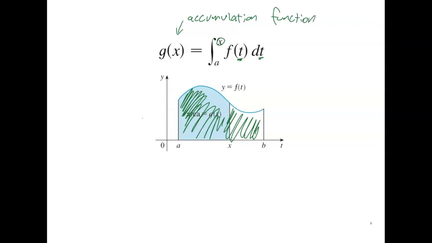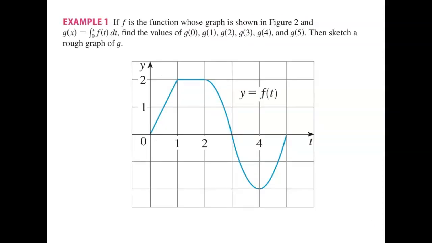As we increase x from a to b, the area will accumulate more and more. So we're going to do a little bit of work with an accumulation function. I am going to have you sketch this one out as best you can. It's nothing too crazy, but it looks like this.